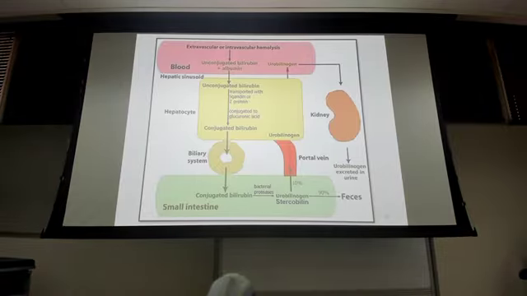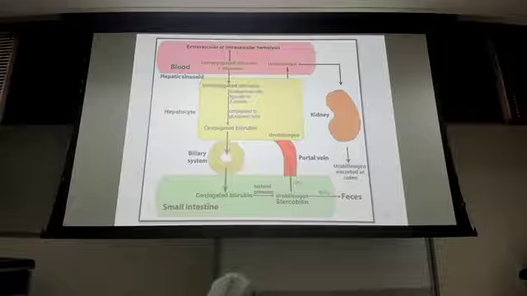Just an overview of what we've already discussed at length. The conjugation of bilirubin. In the blood, you're going to have that unconjugated bilirubin from the red blood cell breakdown or heme metabolism, going to join up with albumin and protein, and then that unconjugated bilirubin is going to go into the liver cells, moving down from the blood into the middle of the slide, into the liver, where it gets conjugated, and then that conjugated bilirubin goes into the biliary system, through the gallbladder, and then it's going to go into the small intestine, as we mentioned.